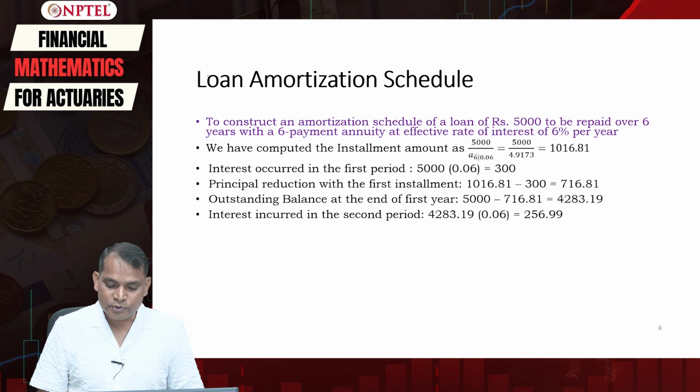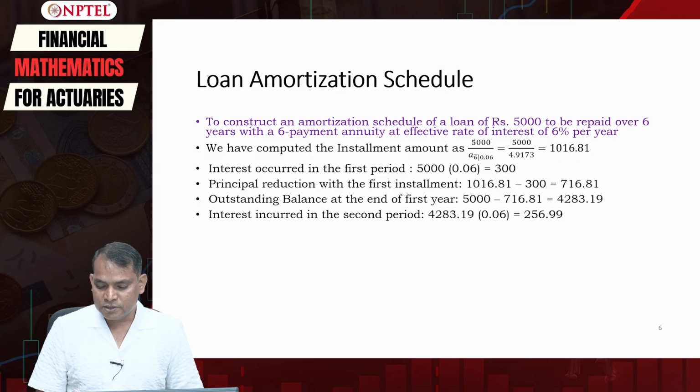To compute the first installment, we use the formula L divided by a-angle-n at i, with n equal to 6 and i equal to 0.06.